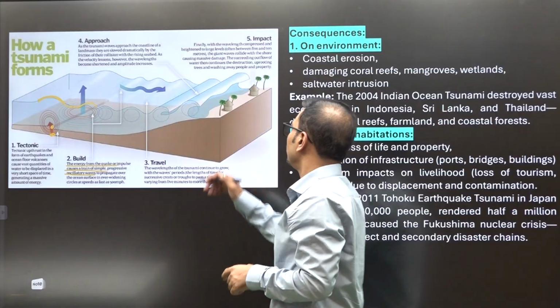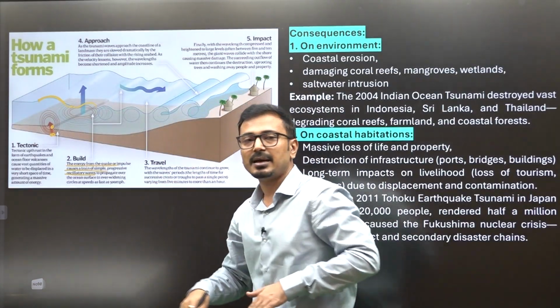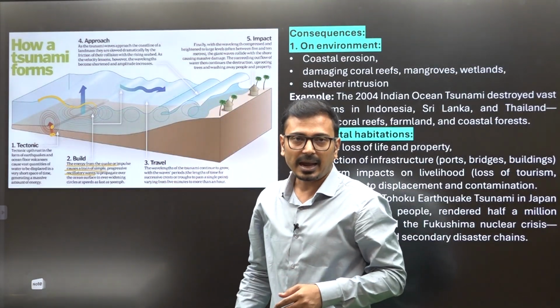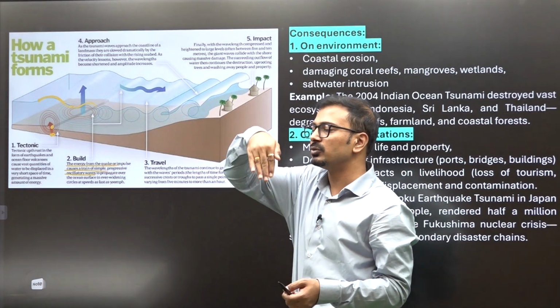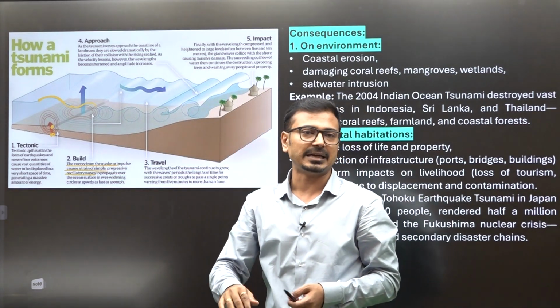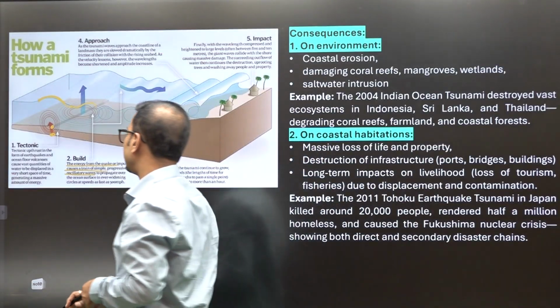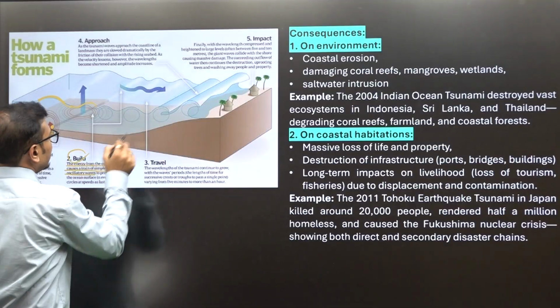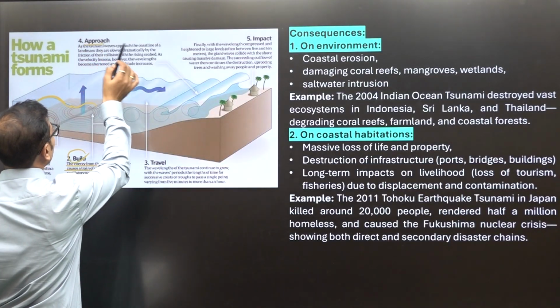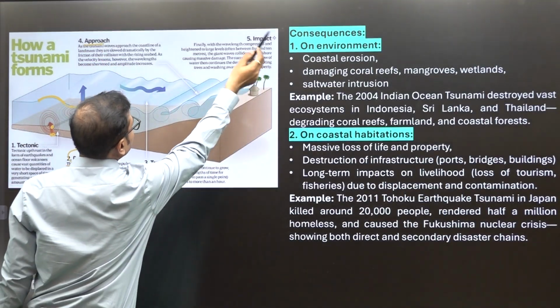When they reach the coast, the amplitude is maximum, the water recedes back and moves like this, and a splashing effect is there on the coast, and that creates a kind of flooding situation. So build up, then travel, then approach towards the coast, and finally the impact.